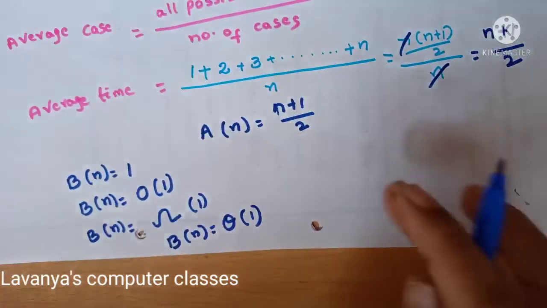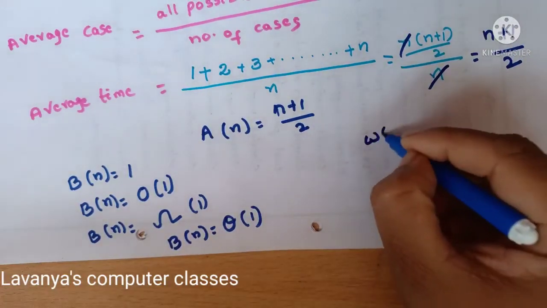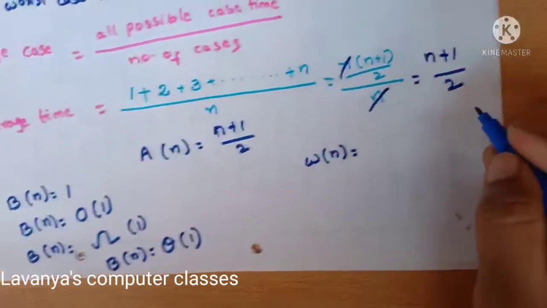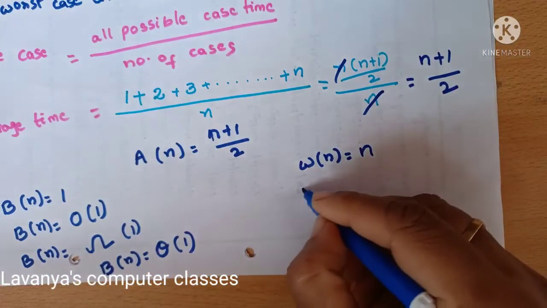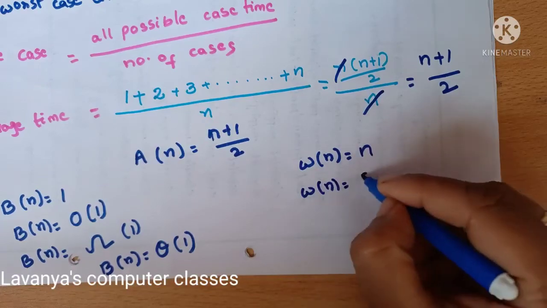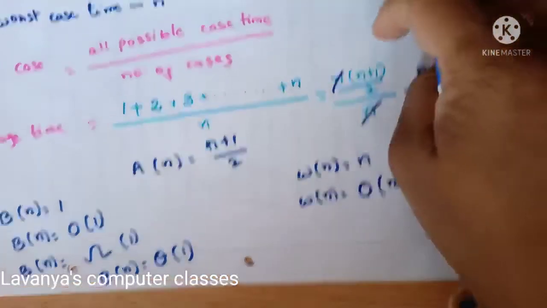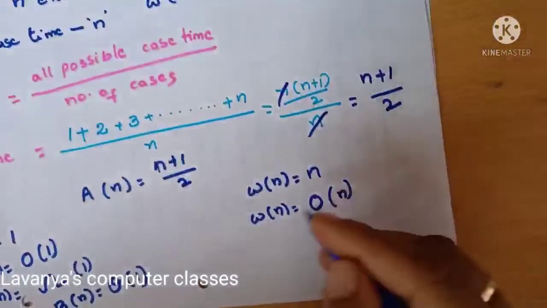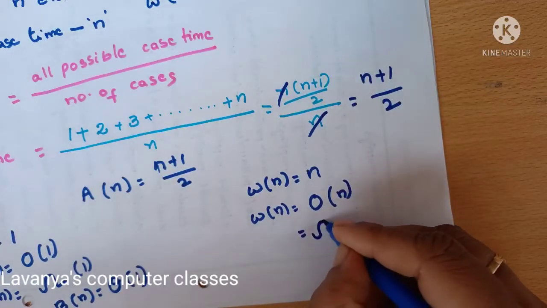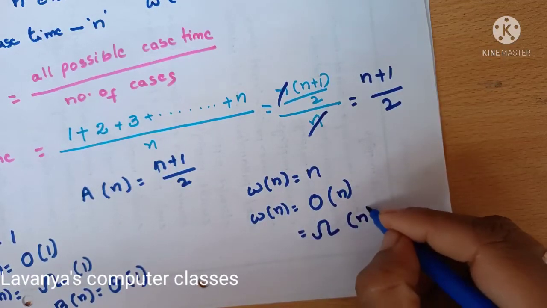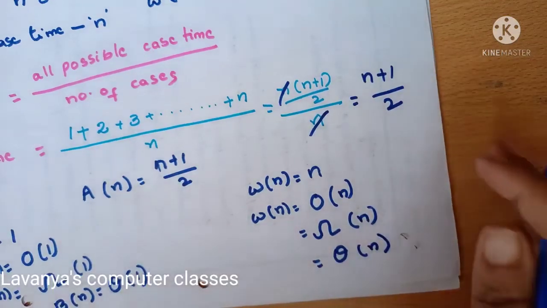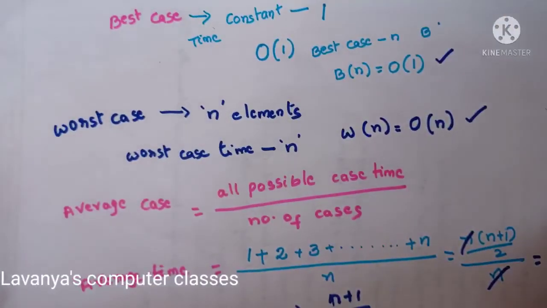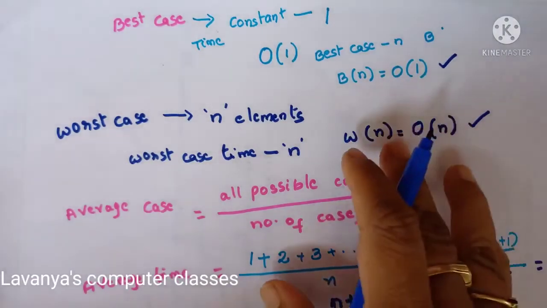This is for the best case. For the worst case of linear search, worst case of n is n. We can write it as big O of n, and it is also possible to write omega of n and theta of n. So this is the analysis of linear search.